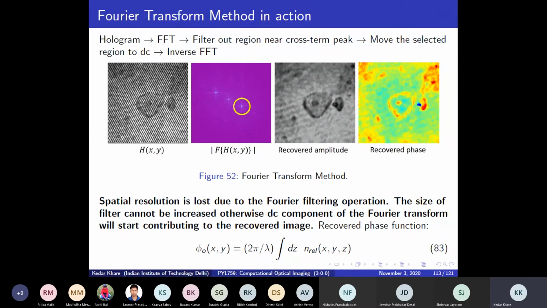If you think about the refractive index as having a real part and imaginary part, then the imaginary part of the index tells you something about the absorption of light in the material. And the phase that we are plotting is telling you something about the real part of the refractive index. Okay, so these two pieces of information are complementary to each other, so one cannot be derived from the other.